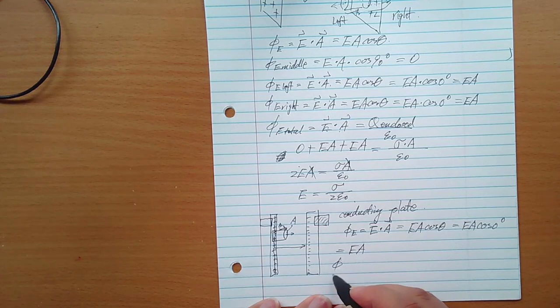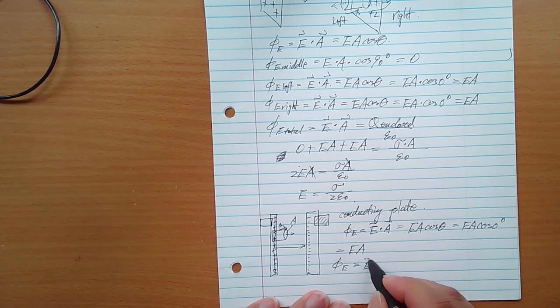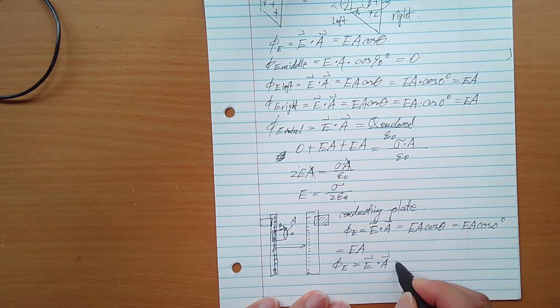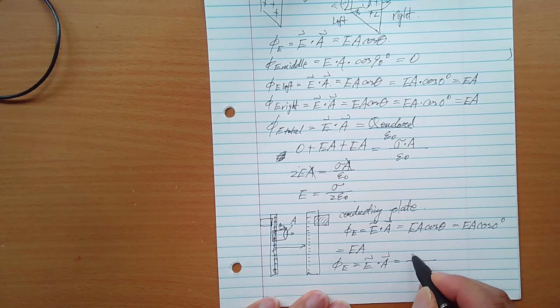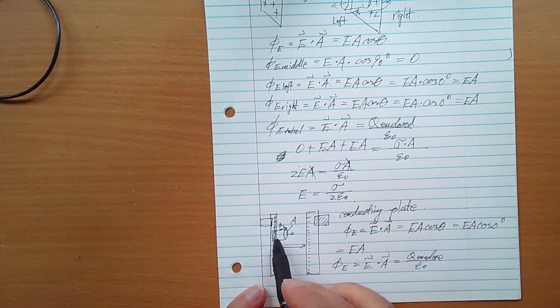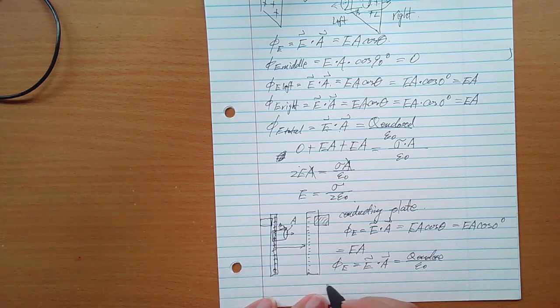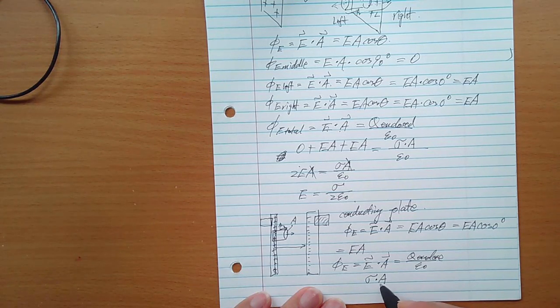And then according to Gauss's law, phi E equals E dot A, and also equals Q enclosed over epsilon 0. In this case, the Q enclosed will be this Q right here, which is charge density times area, right?